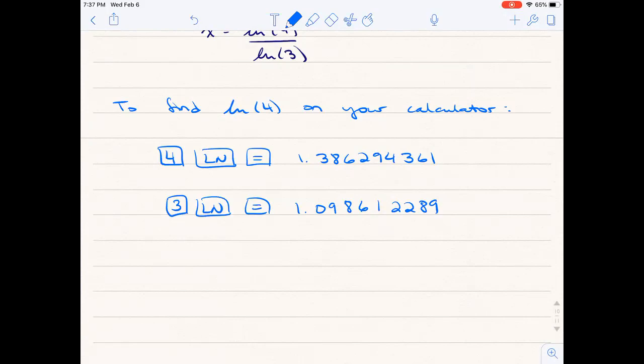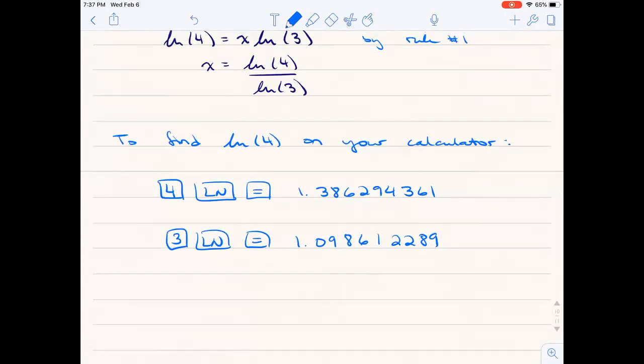Have I shown you guys how to store numbers? Yeah? Good. Because that's going to come in handy now. What you can do, you can just have 4 on the screen, hit the ln, divided by 3 on the screen, hit the ln, equals. But sometimes we'll have more numbers than that, and then you'll want to just store each value and put them in as you need them.